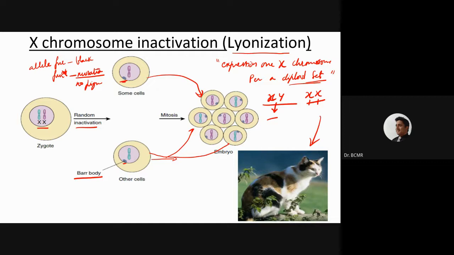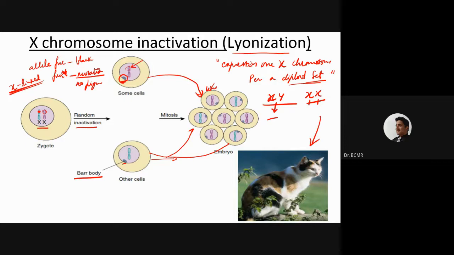So the fur color is X-linked, present on the X chromosome. Assume this is a functional gene and this is the non-functional gene. If inactivation of the green one happens, that is, it forms a Barr body, you have one X chromosome active, but it has a mutated fur color gene. So they will all be white in color.